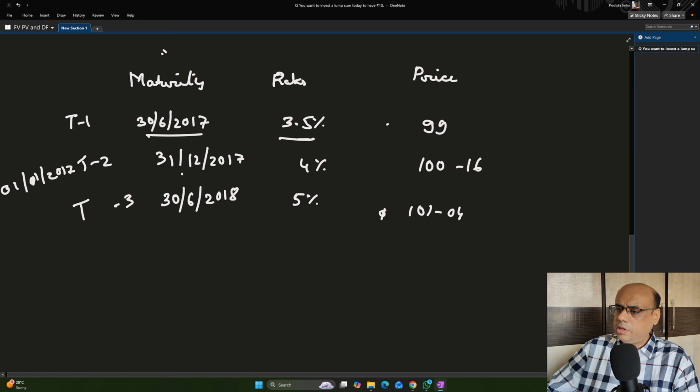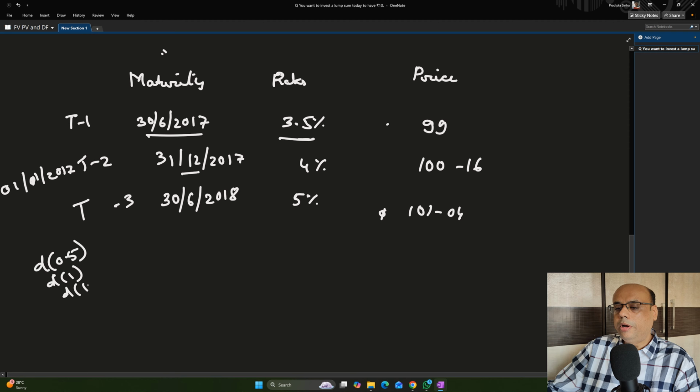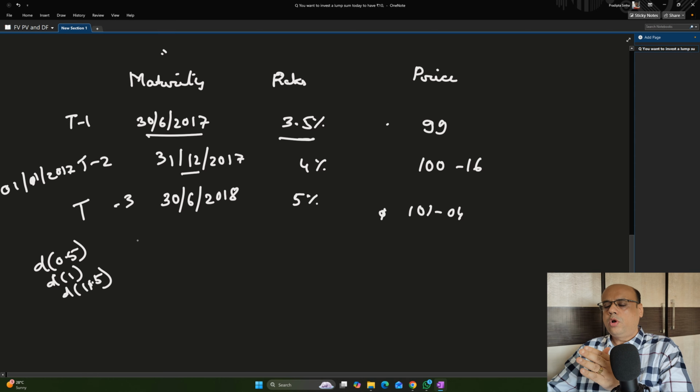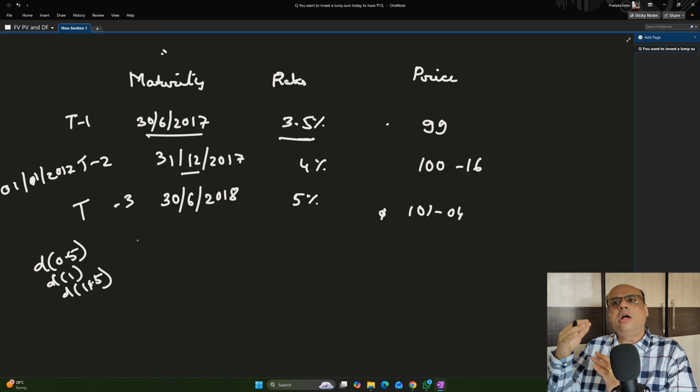Similarly, the second is for 31/12, and what we are expected to find out is D of 0.5, D of 1, and D of 1.5 basis these bonds' returns. So how we will do this: like we did for any investment, like if 150 I am getting, then the present value is 100.